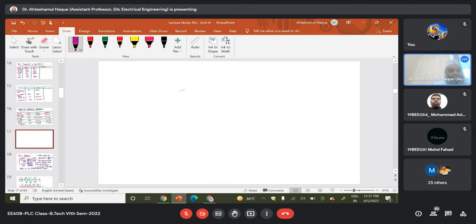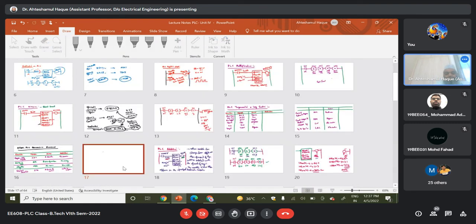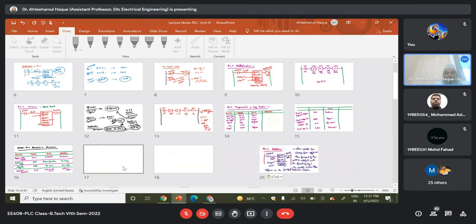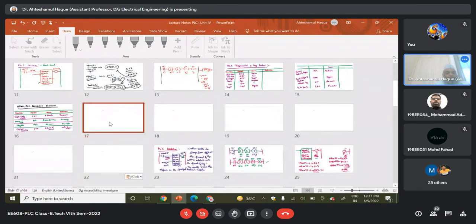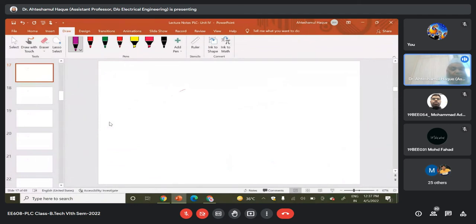And the last one is x to the power of y, that is XPY, that is x and y values, that is the answer.